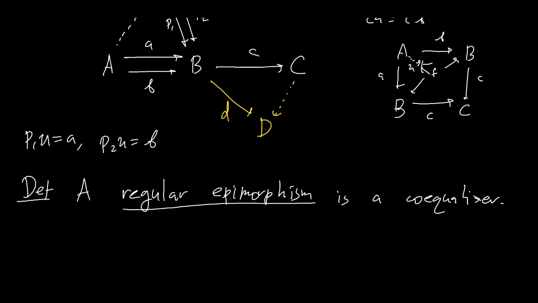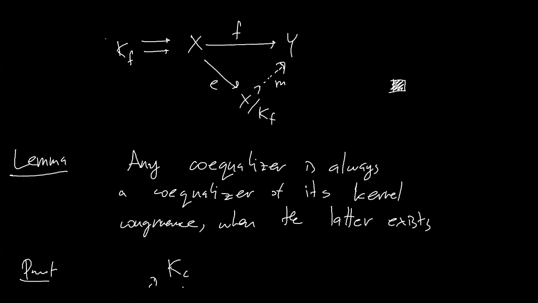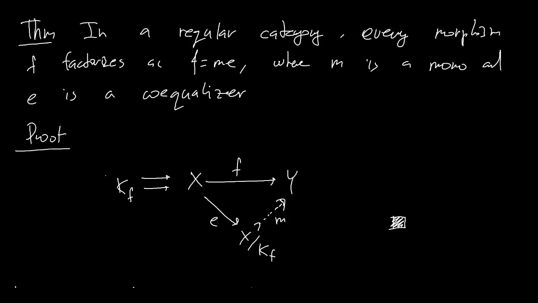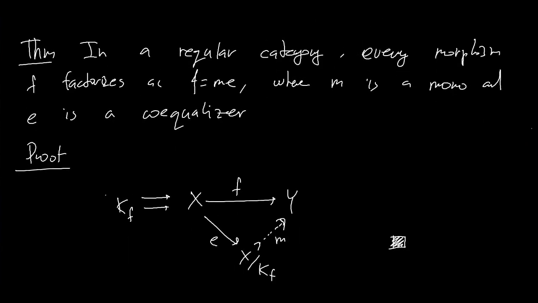It's another name for a co-equalizer, a regular epimorphism. What this lemma tells us is that you can think of it as just an arbitrary co-equalizer, or you can think of it as something that came out from the kernel congruence. And this theorem that we stated here, one can think of as the first isomorphism theorem for a general regular category.